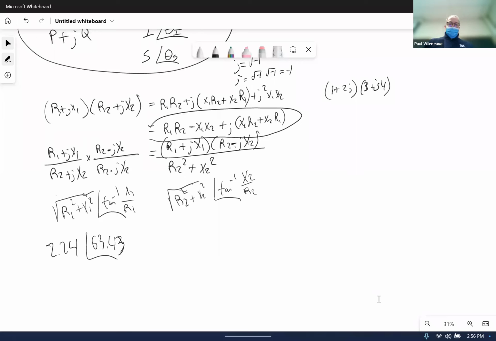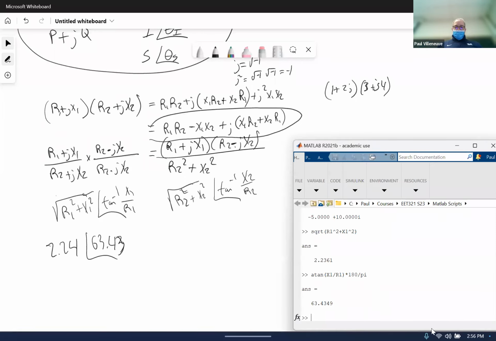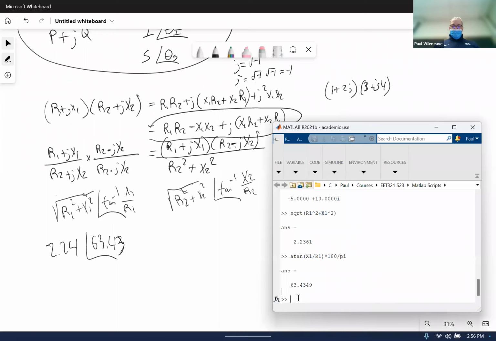Let's do the same thing over here. This is going to be equal to the square root of R2 squared plus X2 squared, and then the atan of X2 divided by R2 times 180 over pi. So 5 at an angle of 53.13.